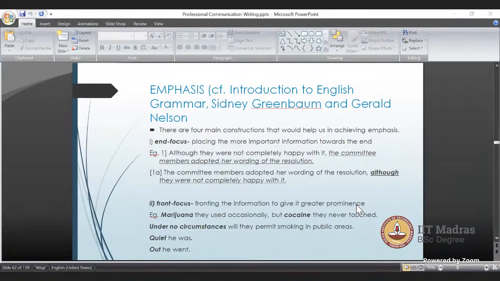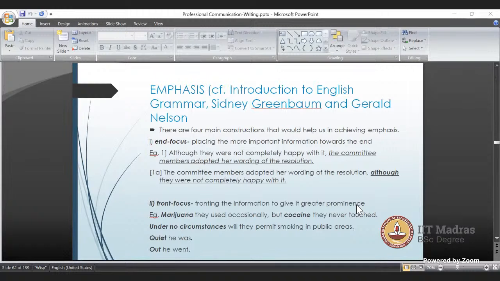Okay. Now, front focus. This usually happens in cases where you have to stress on something, the object part of the sentence, right? So if you can compare the sentences in front of you, look at them. Marijuana they used occasionally, but cocaine they never touched.